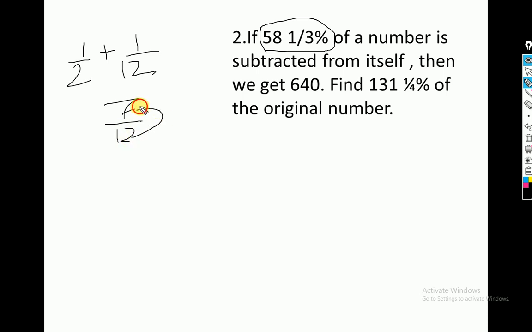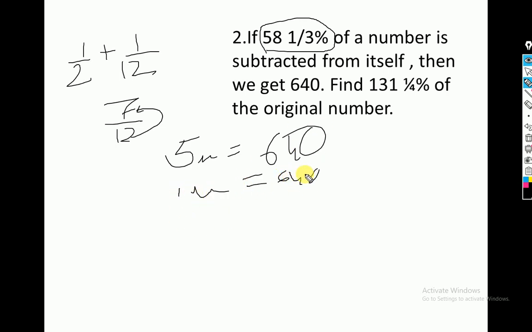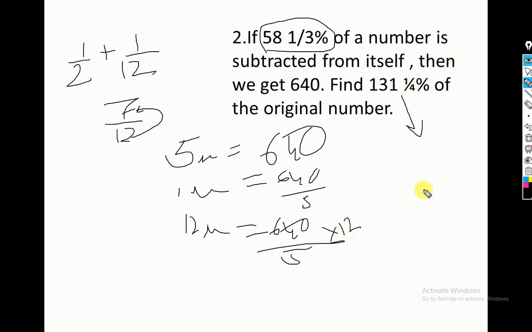If this is subtracted from this, we get 5. So 5 units equals 640. 1 unit will be equivalent to 640 by 5, and then 12 units will be equivalent to 640 by 5 into 12. And now this one we found out that 131 1/4% is 21 by 16.